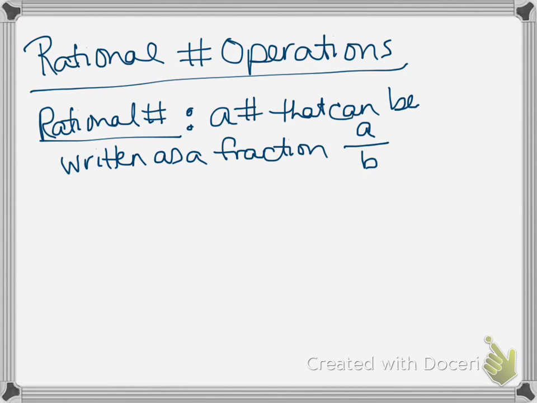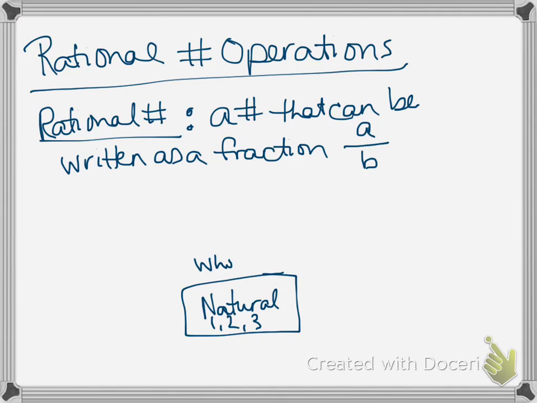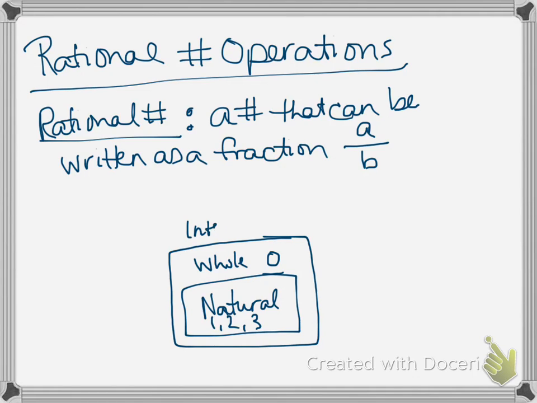Also remember that we have different subsets of numbers. So we have our natural numbers. This is our normal, when we were little, that we learned to count: 1, 2, 3. And then we have whole numbers, which is all of the natural numbers, including 0. We have our integers. So natural are positive, whole is 0.